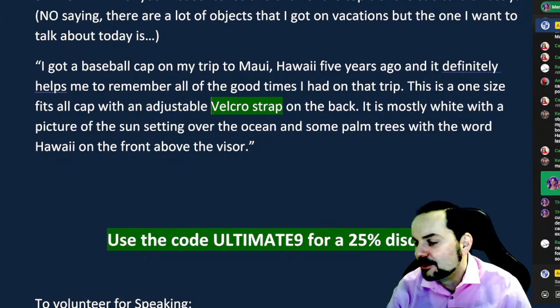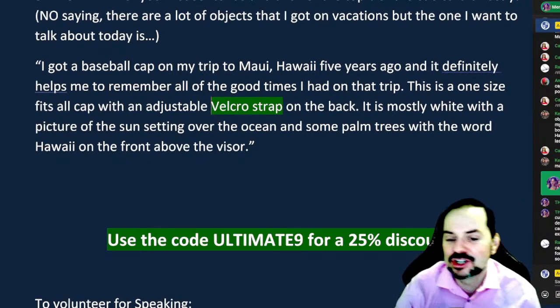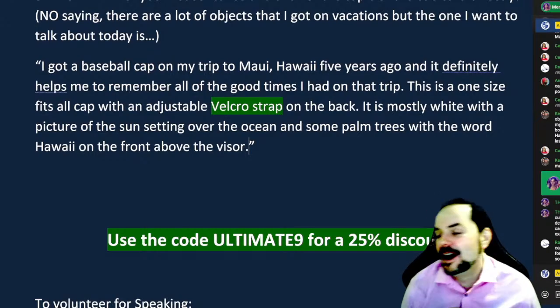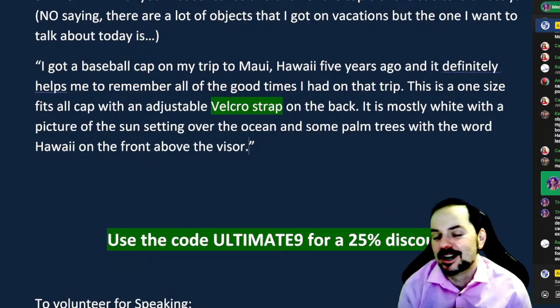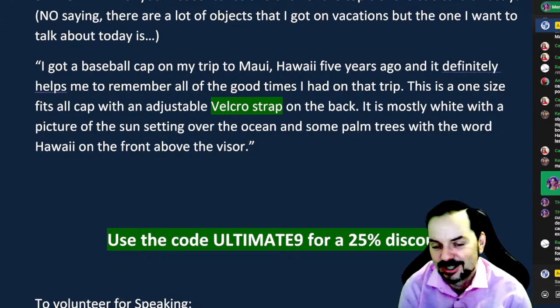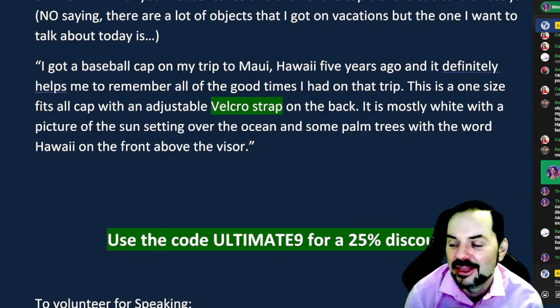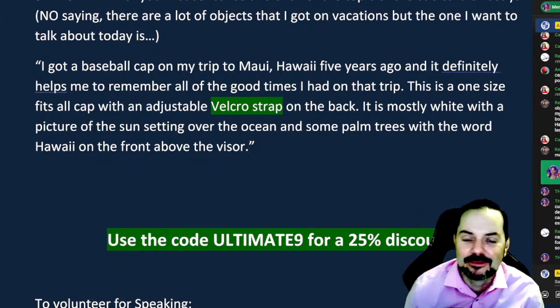Okay, Rashika says, I bought this cap in Maui, Hawaii after bargaining for a reasonable price of $20 at a souvenir shop on the beach. Okay, remember my sister got it for me, Rashika. The reason I'm saying my sister got it for me is because it gives me more information to talk about of how it helps to remind me of this trip. Okay, all right, Rashika.